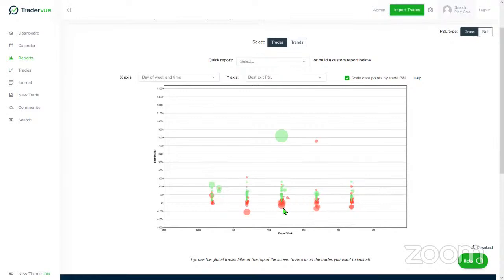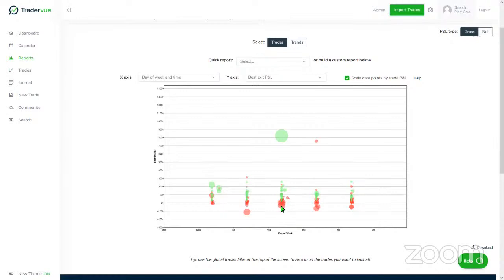And Wednesday seems to be a good day, but taking into account that we also have these big red dots, it's also a day in which we have trades going against us, ending up in a loss, and a bigger loss. That's what I'm trying to say.